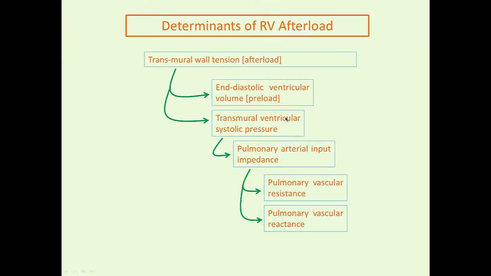And certainly during a Mueller maneuver, you're not increasing your lung volume, so that removes increases in pulmonary vascular resistance as the cause. So it leaves this idea of increasing your pulmonary vascular reactance during a Mueller maneuver as the RV ejects. So what could be causing that?